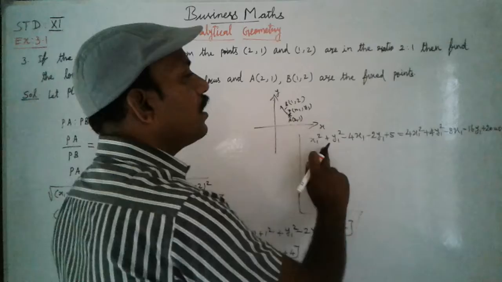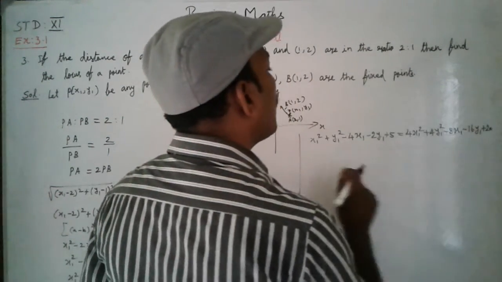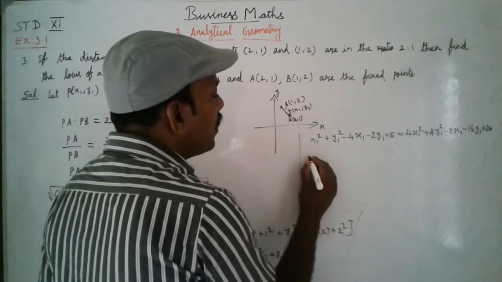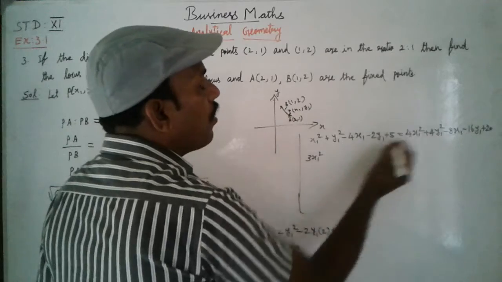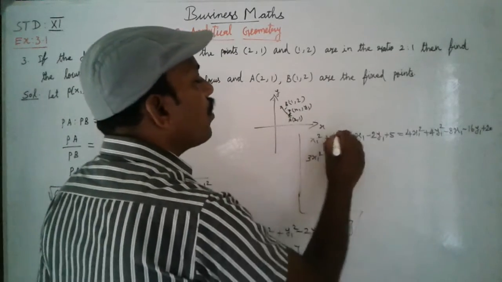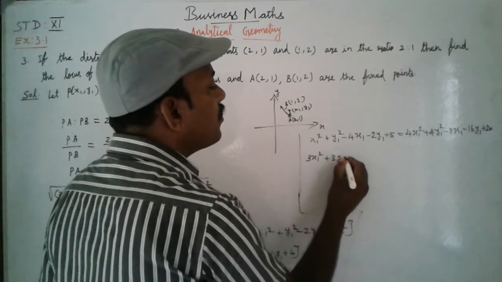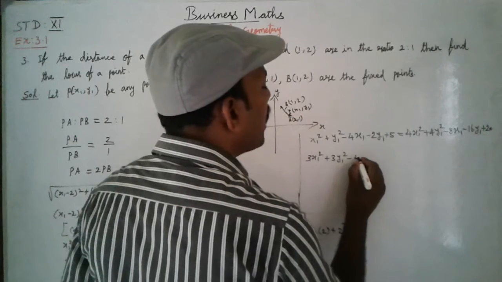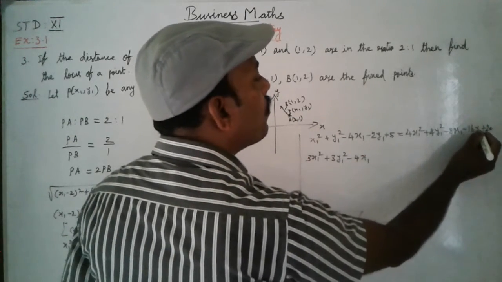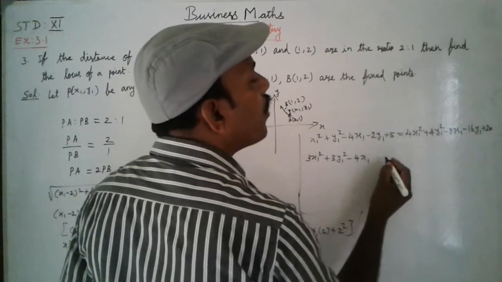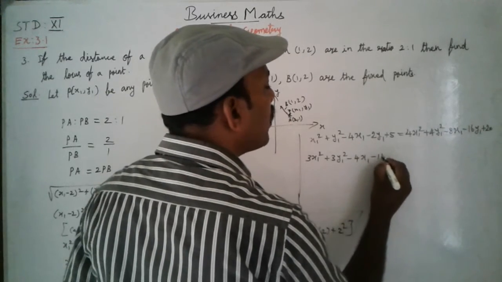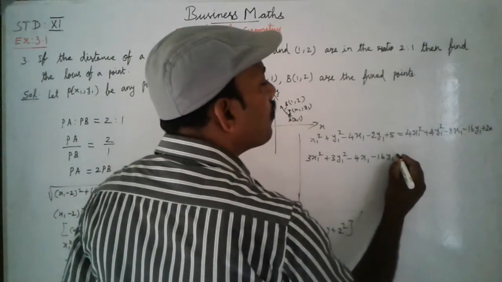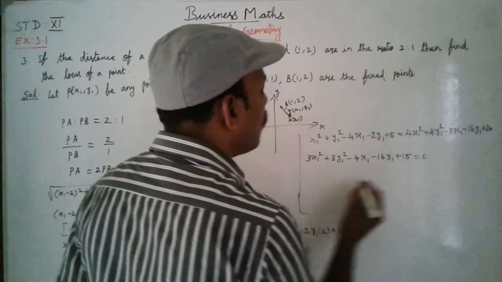Now we should take everything to the right hand side. 4x1 square minus x1 square is 3x1 square, plus 4y1 square minus y1 square is 3y1 square, minus 8x1 plus 4x1 is minus 4x1, minus 16y1 plus 2y1 is minus 14y1, plus 20 minus 5 is plus 15 equal to 0.